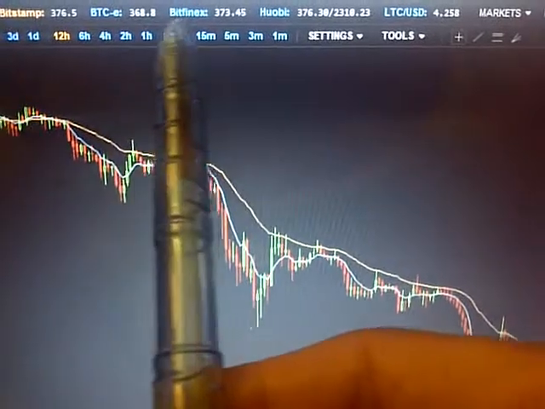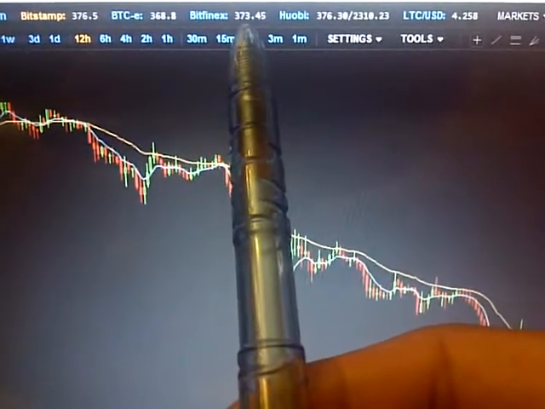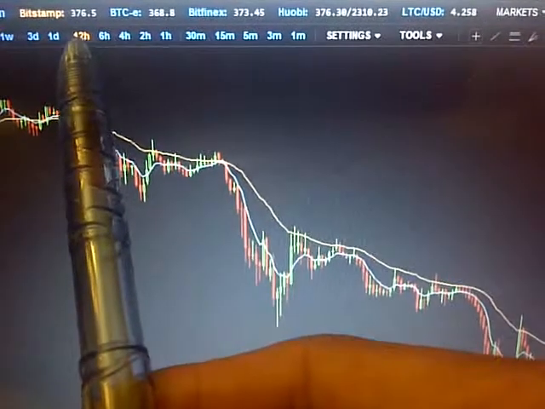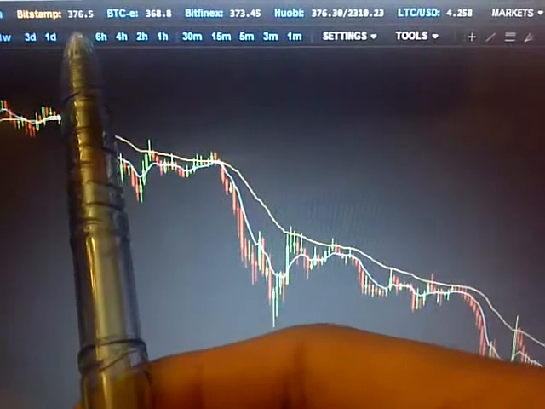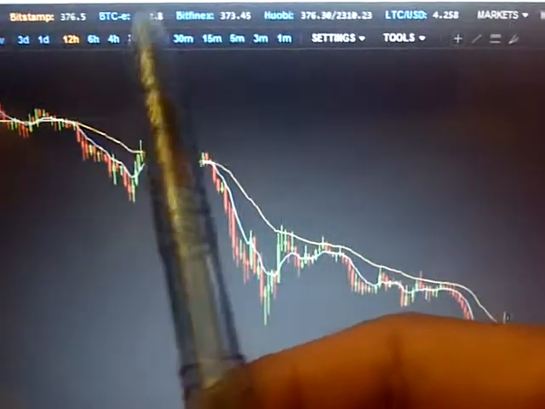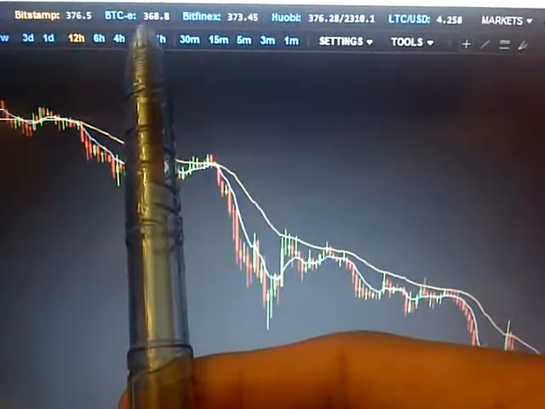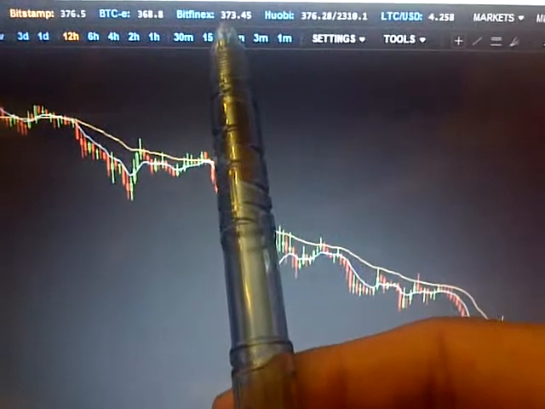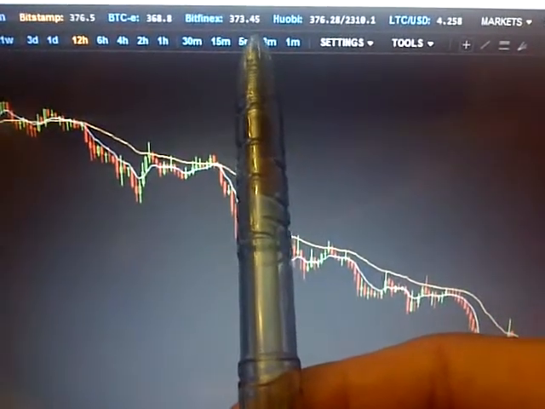When I see those prices here, Bitfin is at 373, which is lower than Bitstamp, and then the Chinese is actually on par with Bitstamp, and probably Coinbase is on par with that. So what's interesting for me to see is that Bitsy is now lower. Bitfin is also a little bit lower, but you know, Bitfin always moves up and down.